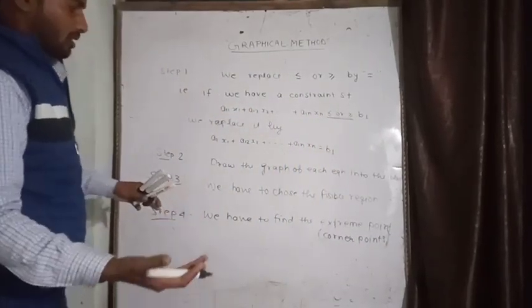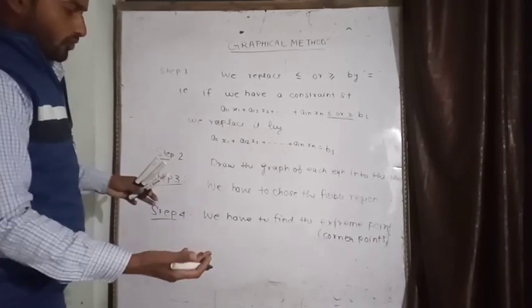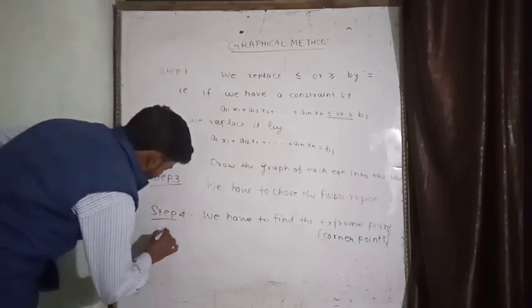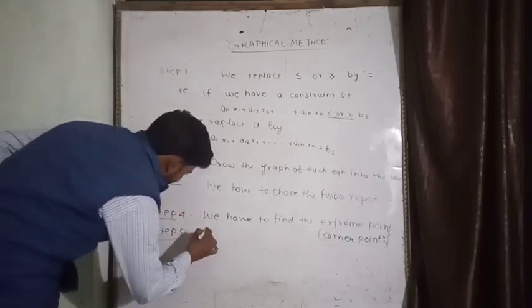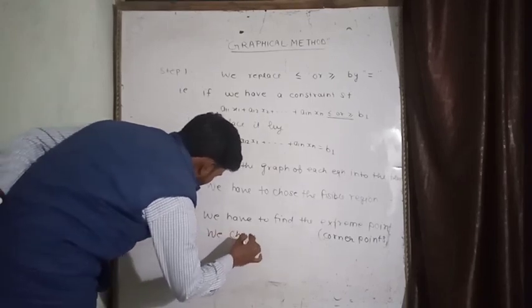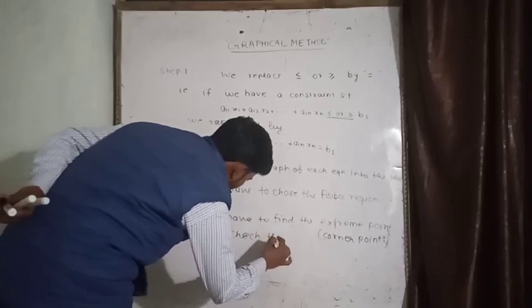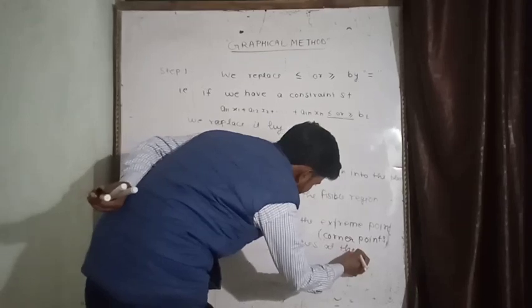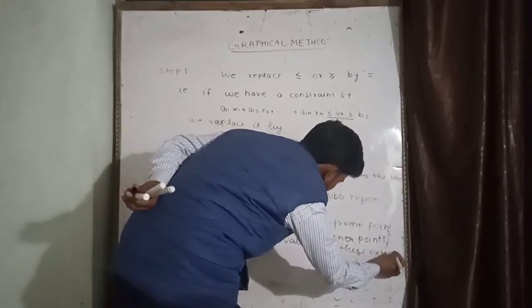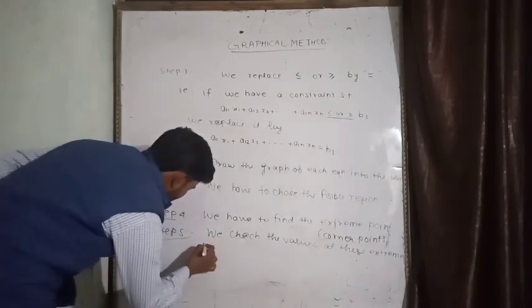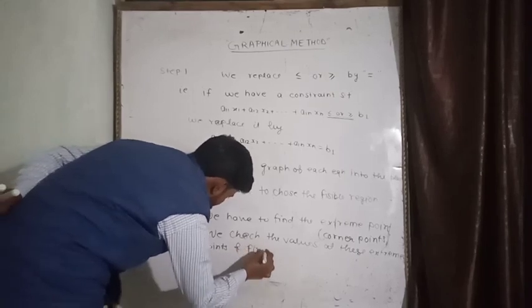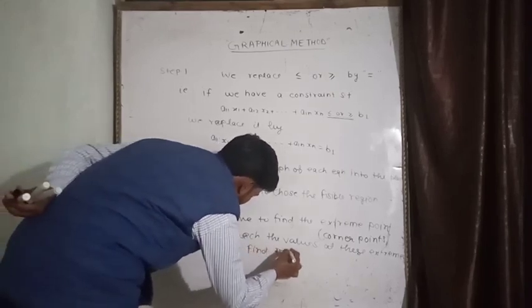And check the objective function, optimal solutions for those extreme points. So in the last step, step 5, we check the values at these extreme points and find optimal solutions.